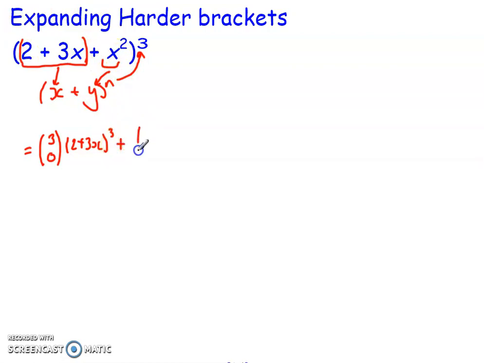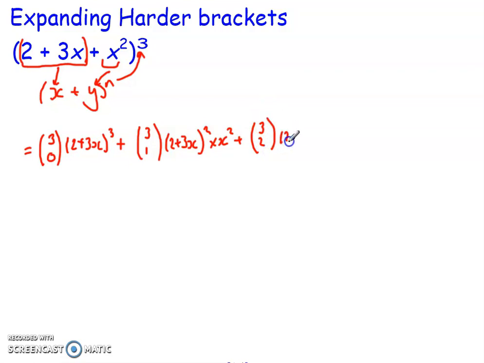We then do our next term, which is going to be given by the 3C1. Then I take this power down, so I'm going to have (2 + 3x) this time squared. I'm then going to multiply this by my y term, which is just the x squared. I'm then going to move on to the next term, given by the 3C2 for the coefficient.